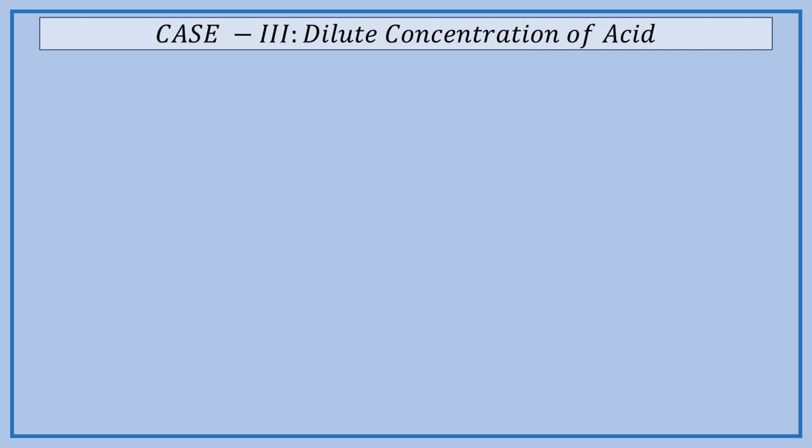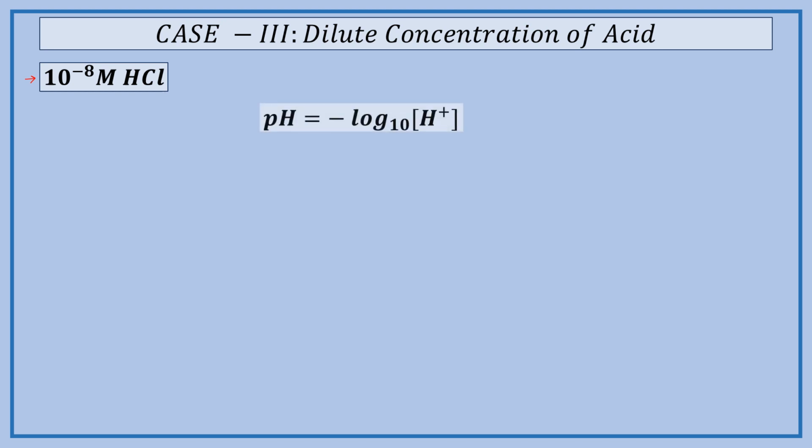Let us take our next case of an extremely dilute solution of an acid: 10 to the power minus 8 molar concentration of HCl solution. To calculate the pH of this solution, we will again find out the H plus concentration present in this solution.